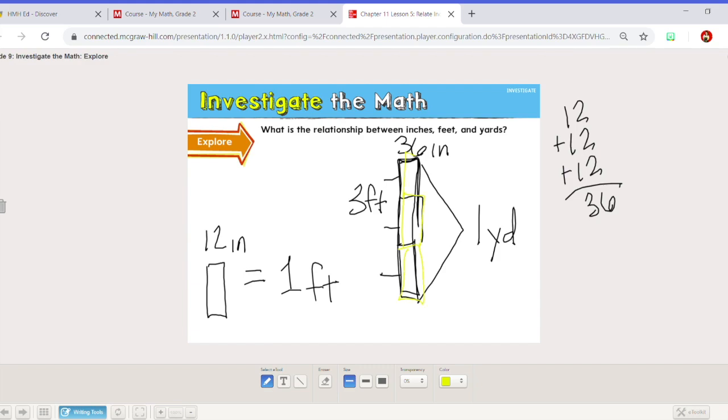Each one was a foot long. So there's your 3 feet. The whole yardstick together is a yard, and the inches are the itty bitty tiny lines that go all the way until there's 36 of them. All right, let's keep on moving.